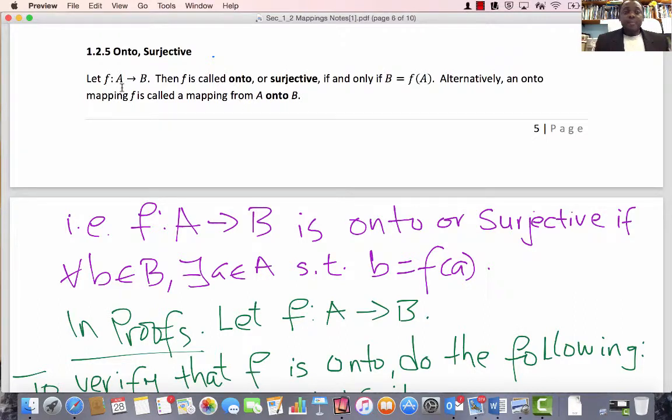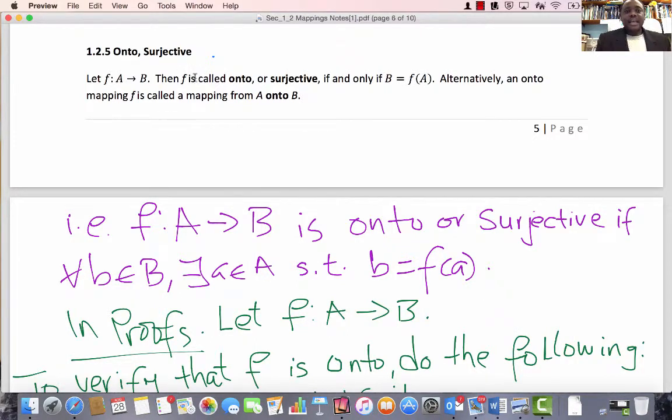Let f be a mapping from A to B, where A and B are non-empty sets. We will assume in this class in general that if we define a mapping from A to B, then A and B are non-empty unless otherwise stated.